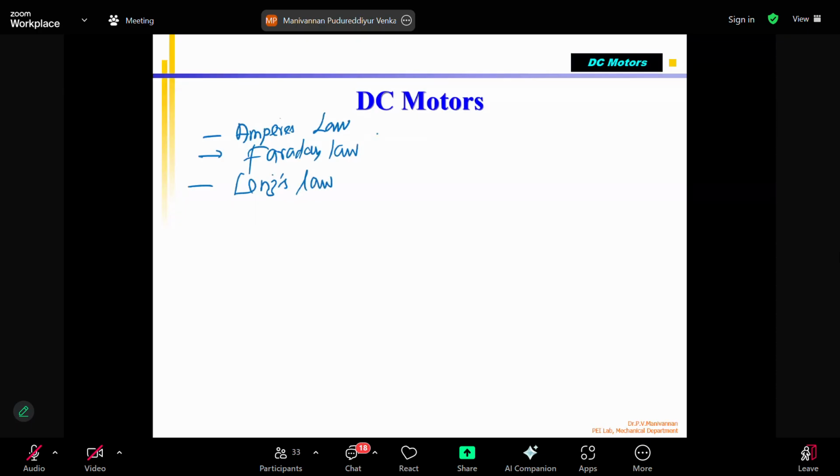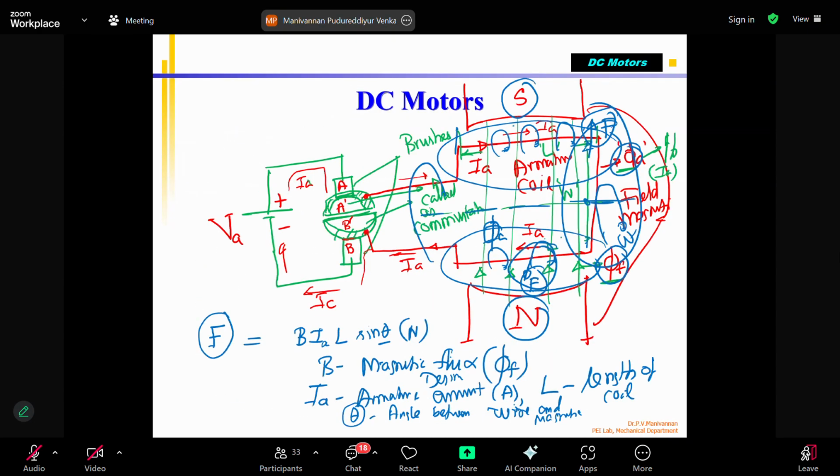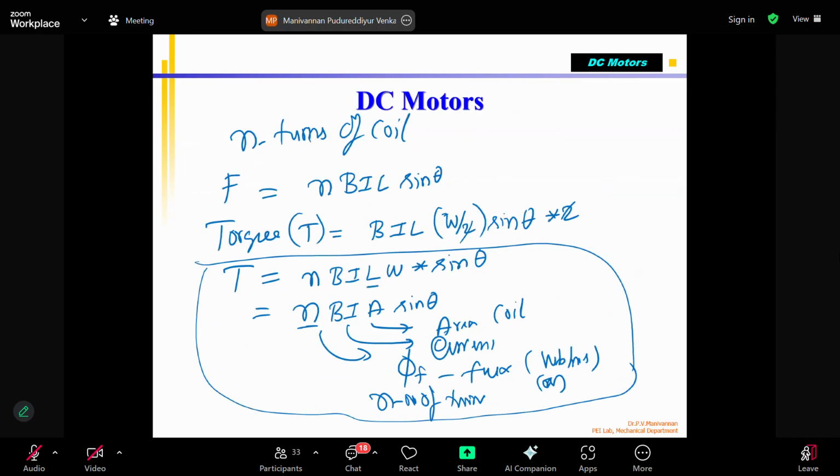So what Ampere's law says is, if an electric conductor is placed in a magnetic field, it experiences a force. As I already showed, there is a magnetic field coming from the north pole to the south pole of the field magnet, and there is a current flowing through this conductor, and because of that a force is created.